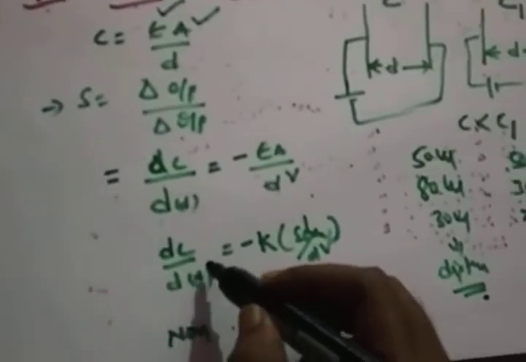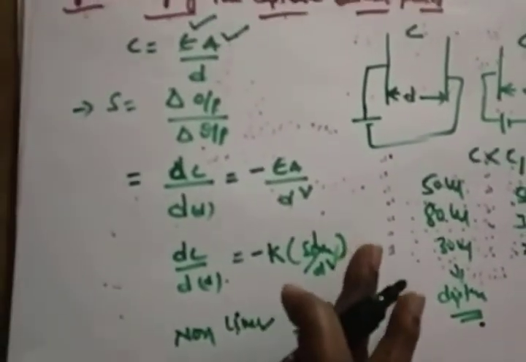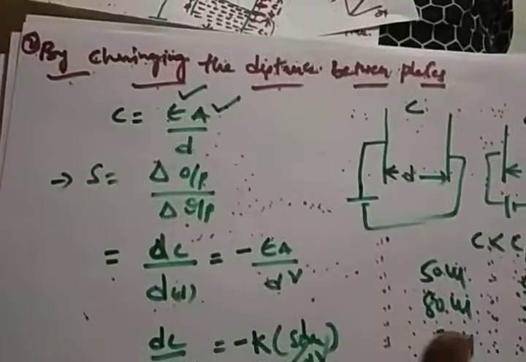Here the output and input relationship is minus something by D square and so on, so it is a non-linear scale. That means we don't want to use this type of change in distance, because if you change the capacitance this way, definitely the scale will be non-linear.